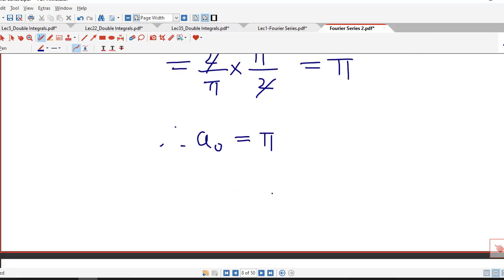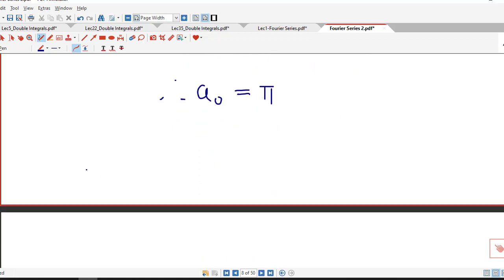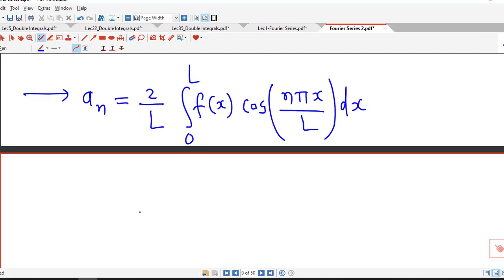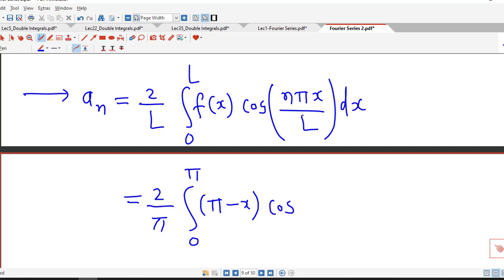Now we find the coefficients an. The formula for an is 2 divided by L integral from 0 to L of f(x) cos(n pi x by L) dx. The value of L is pi, so we put L equal to pi. Our function is pi minus x. When L is pi, here we will have cos nx dx.